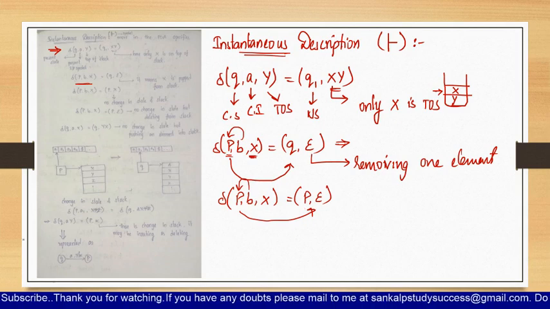And here, if you observe this, there is a current state P and it is pointing to the current input symbol A1.